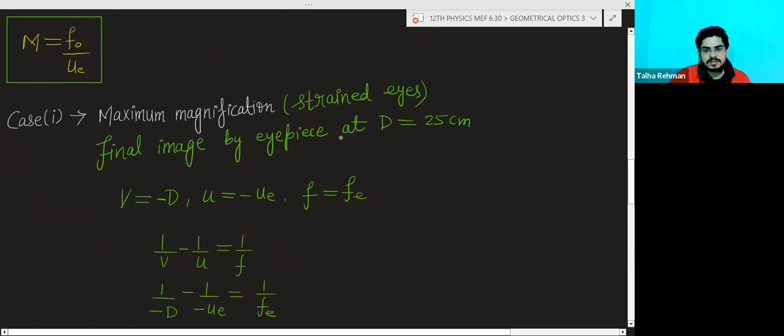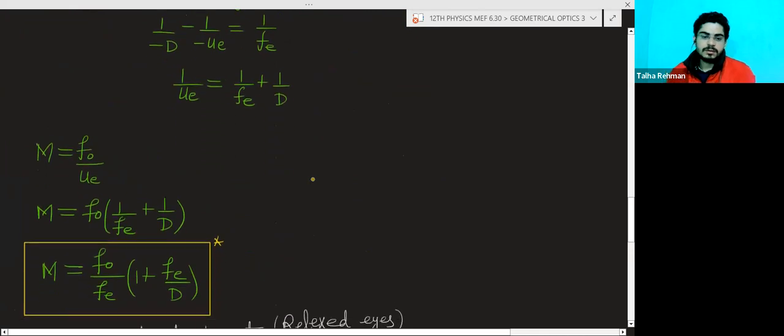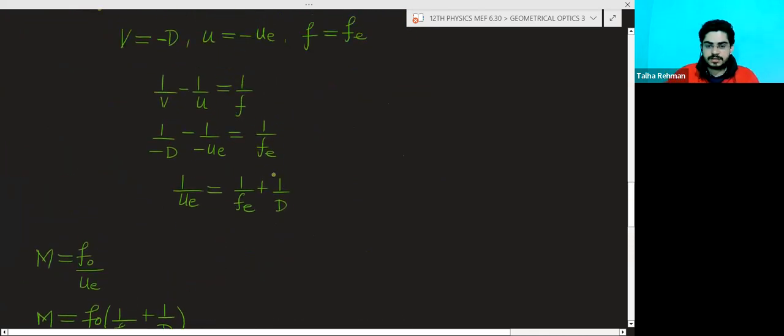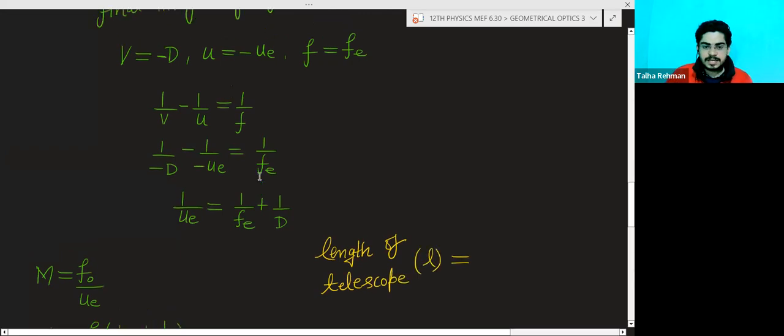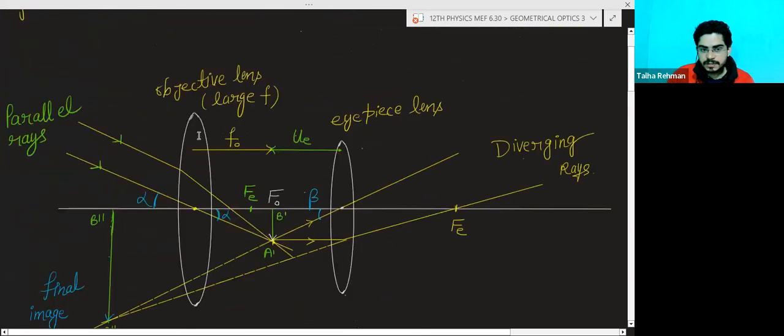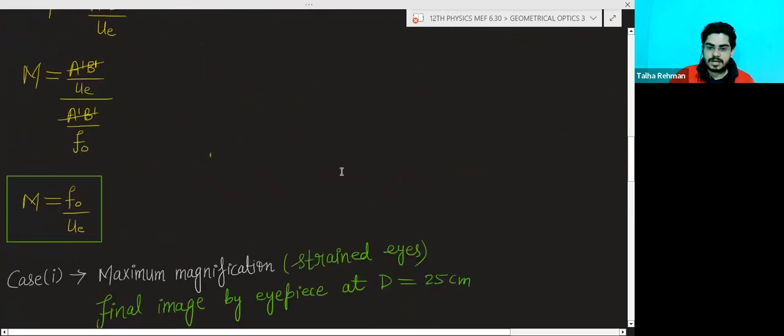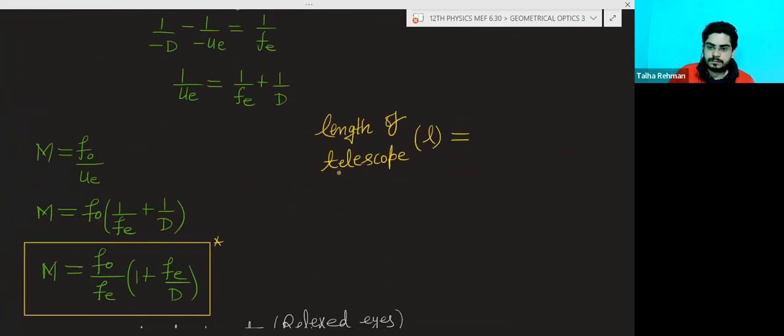If this is the condition and someone is asking the length of telescope, that is L. In this case, the length of telescope will be the distance between the objective lens and the eyepiece lens, that is FO plus UE. You can write in terms of mod.